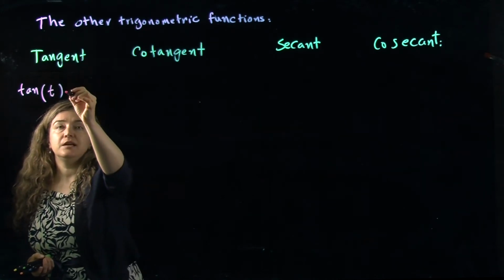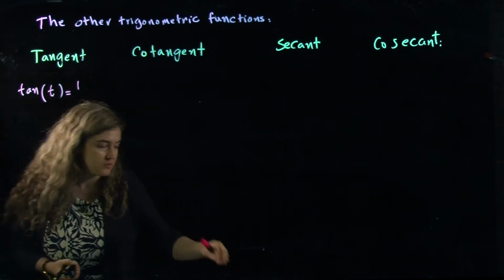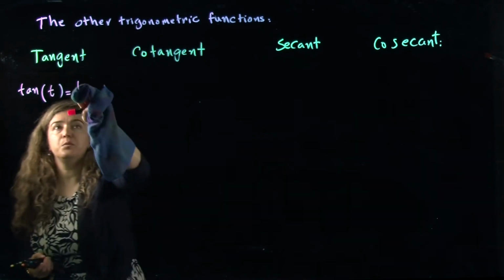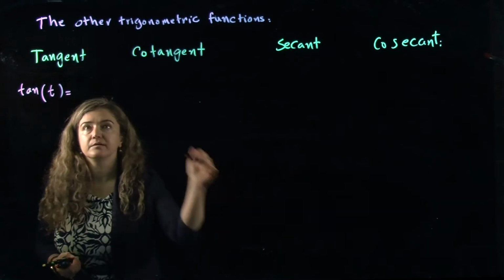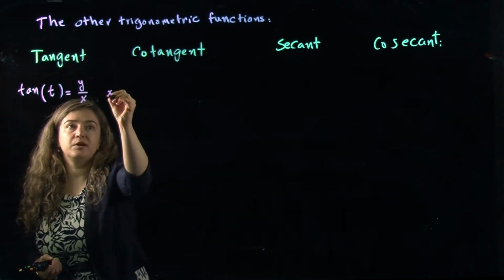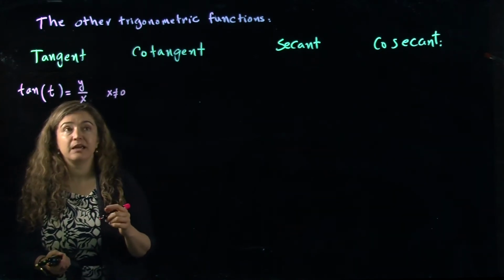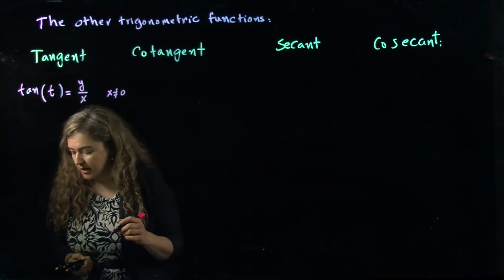Tangent of t is equal to y over x, wherever x is not 0. So it's only defined when x is not 0.